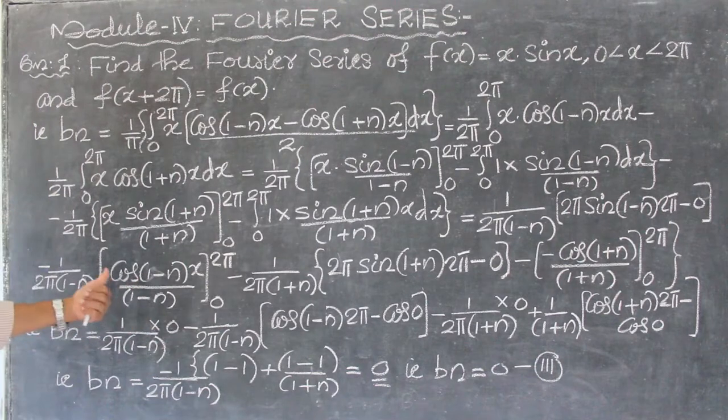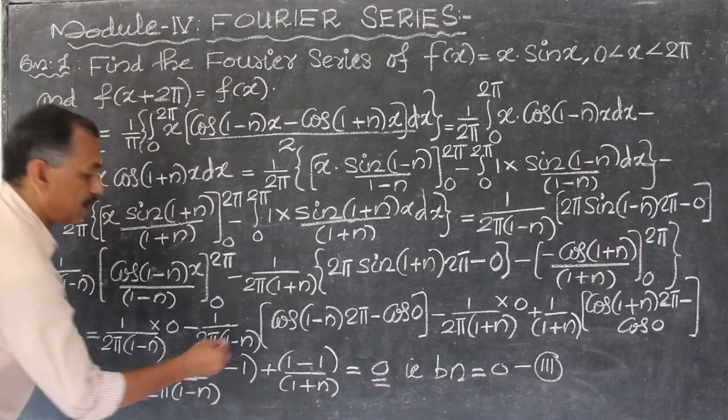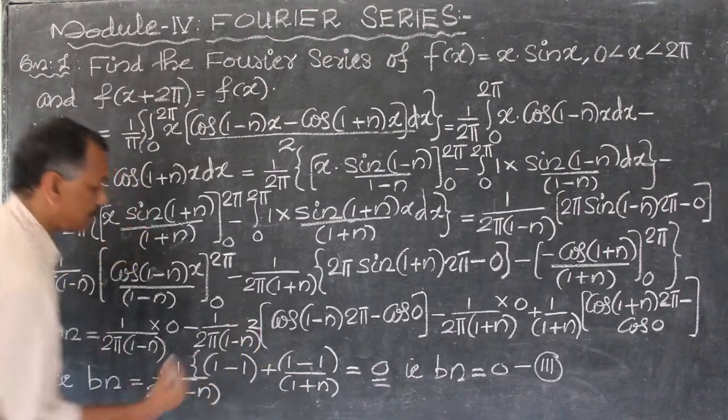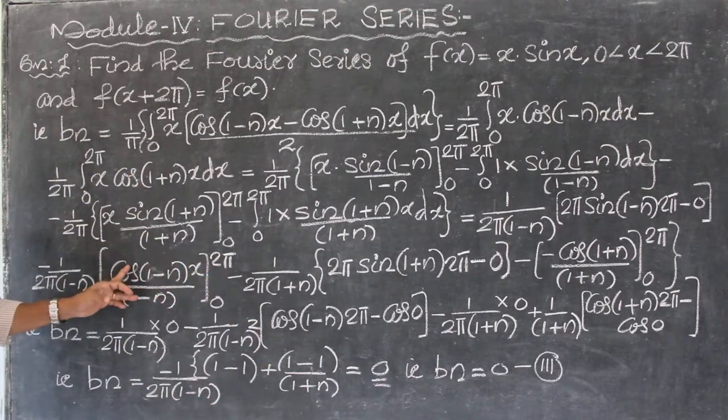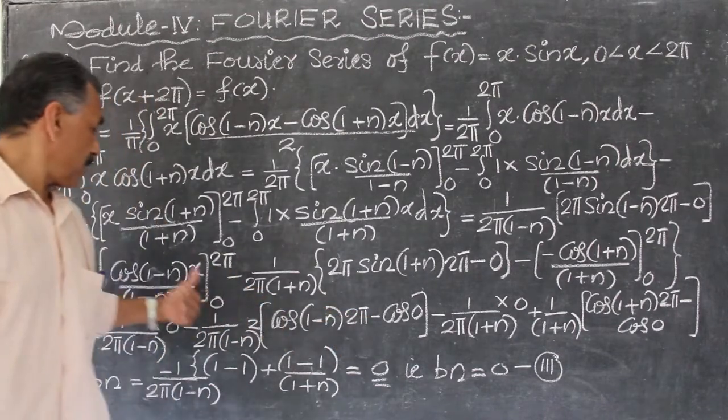Minus, then minus 1 divided by 2 pi into (1 minus n), (1 minus n) outside, this integral value (1 minus n) outside, (1 minus n) square. But upper limit apply cos(1 minus n) into 2 pi, lower limit apply cos.